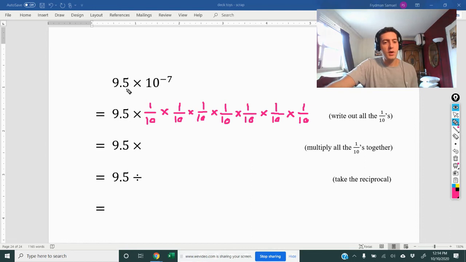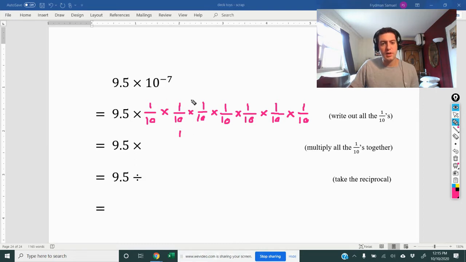Okay, so 9.5 times 10 to the negative 7th is the same thing as 9.5 times 1/10 times 1/10 times 1/10, etc. All right, now the next thing we're going to do here is multiply all of the 1/10ths together. So 1/10 times 1/10 times blah, blah, blah 7 times is the same thing as if we were to actually multiply all of those fractions together, we would get another fraction with a 1 in the numerator.